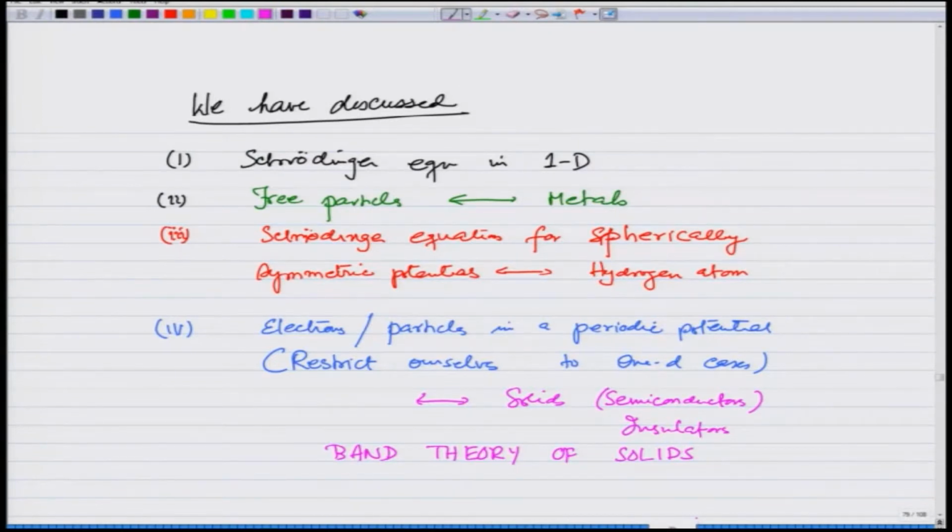So, let us see what is so specific about periodic potentials. When I talk about a periodic potential in 1D, V(x) is V(x plus a), where a is the periodicity. Let me explain this by making pictures.